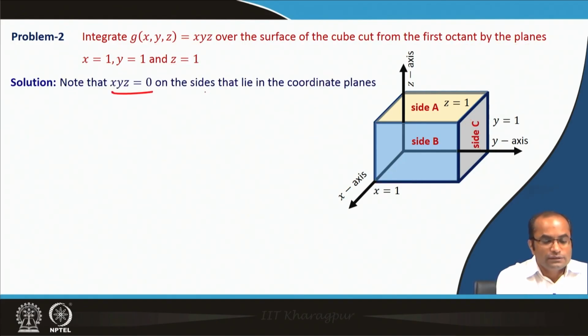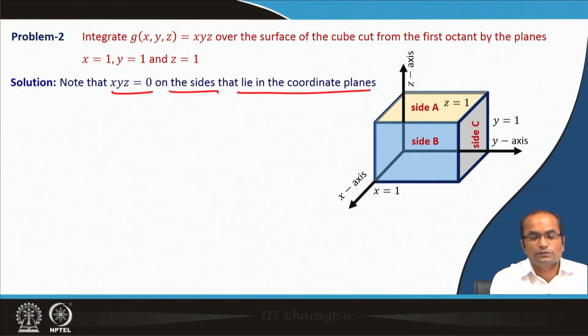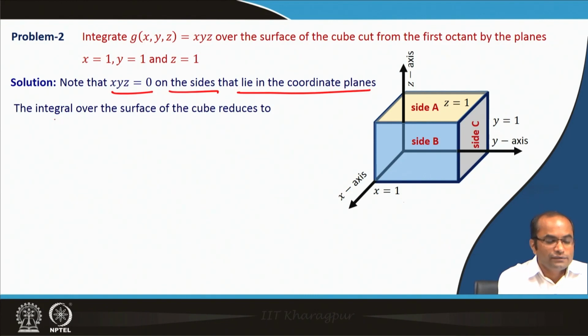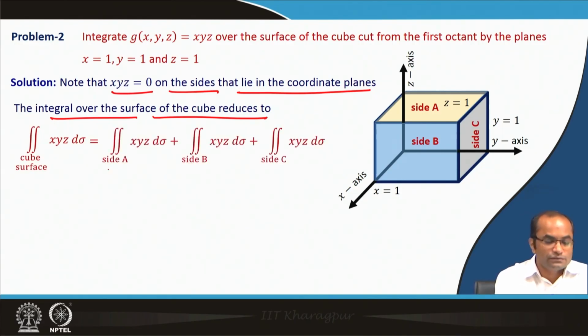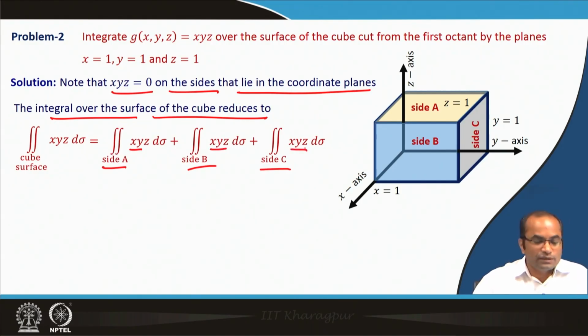The integral is 0 on the sides that lie on the coordinate planes. So, the integral over the surface of this cube reduces to the 3 surfaces, side A, side B, and side C, because on these surfaces our integrand will survive. On the other 3, it becomes 0.